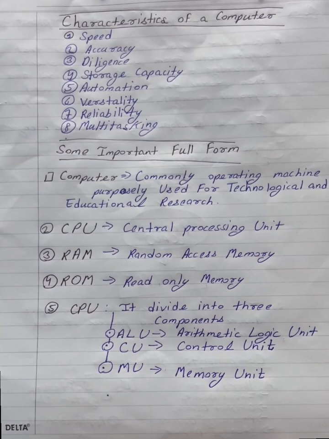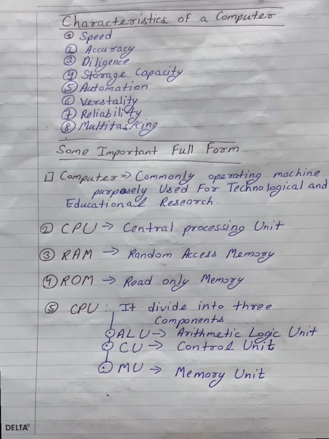A computer can perform multiple tasks at the same time, such as listening to music while browsing the internet and typing a document, which increases the user satisfaction and also makes the work faster.